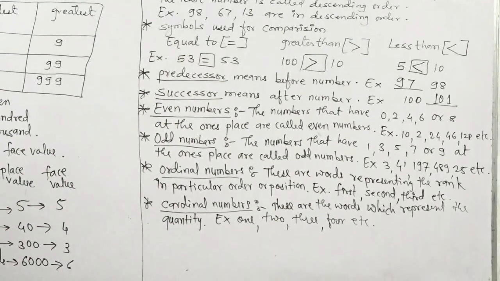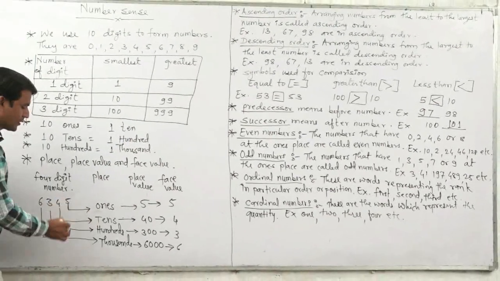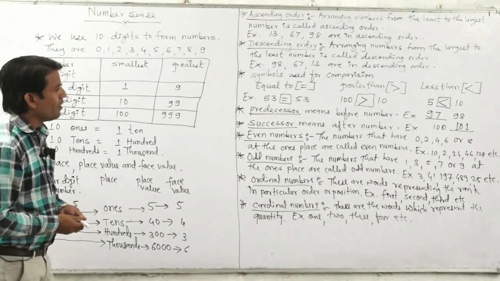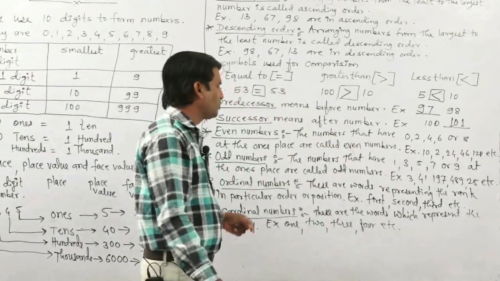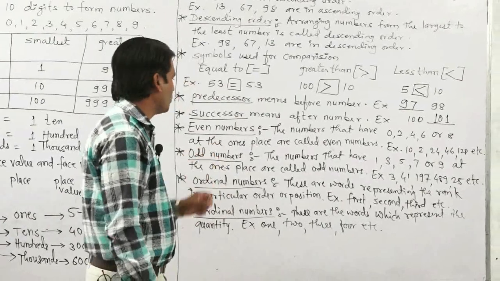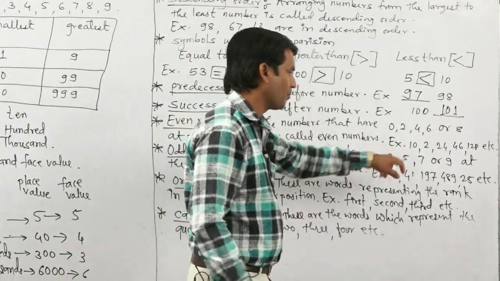Ones place means the first digit from the right side, as we learnt here. When we find 0, 2, 4, 6, 8 at the ones place of any number, that number is known as an even number.